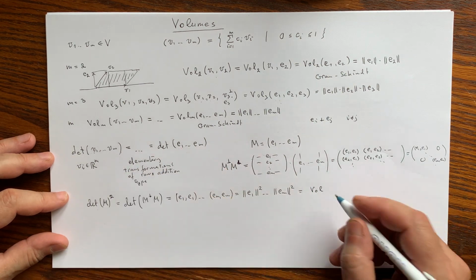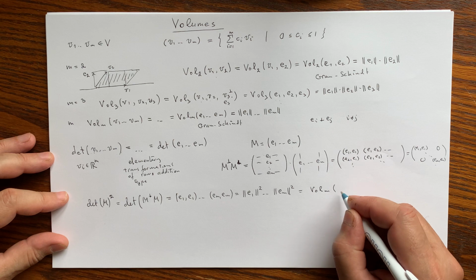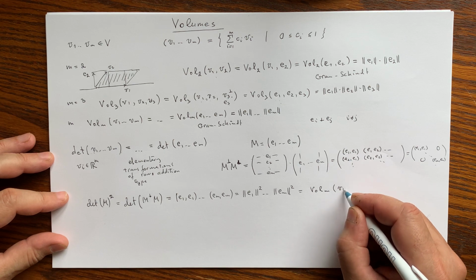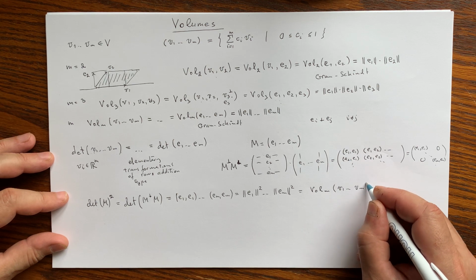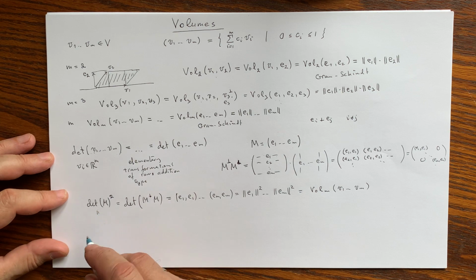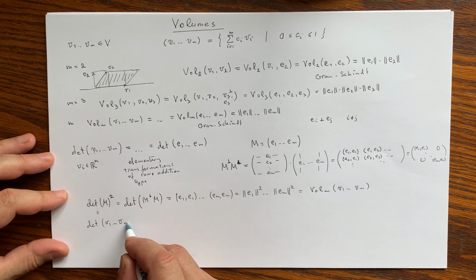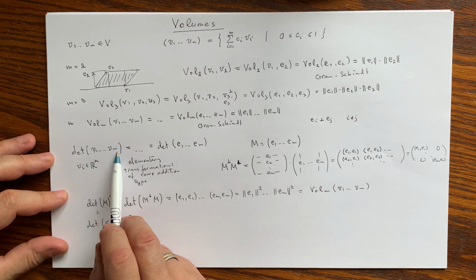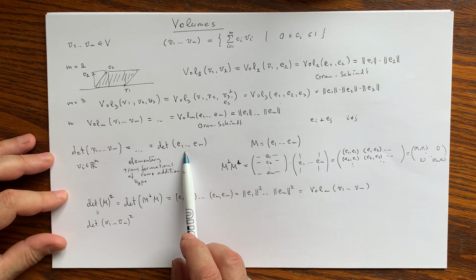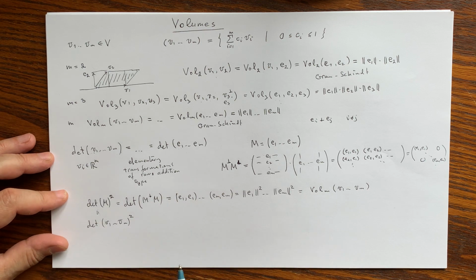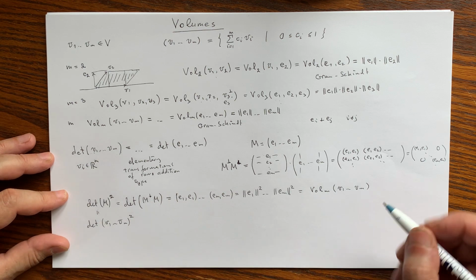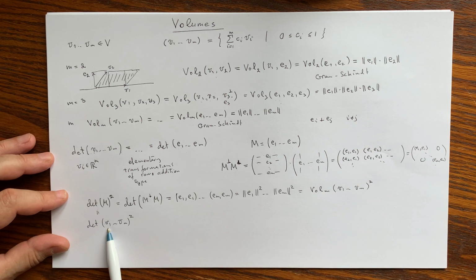Just jumping through this sequence of equations, I could say that this is the volume squared, and this is the squared determinant of the original vectors. So I'm changing to the determinant of M, but the determinants are the same. So we have the equation that the volume squared is equal to the determinant squared.